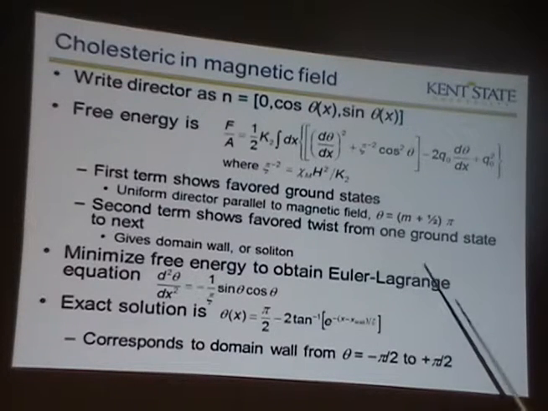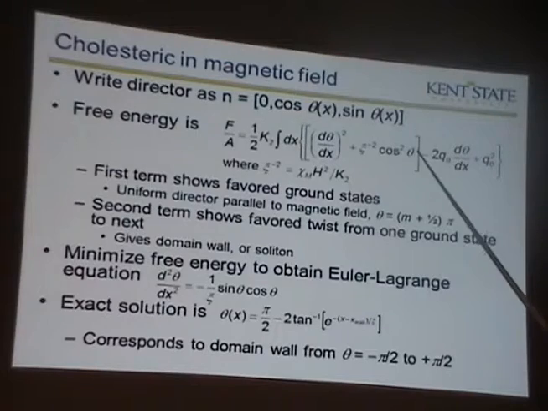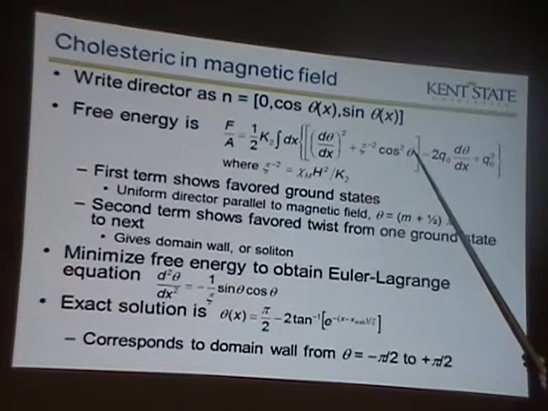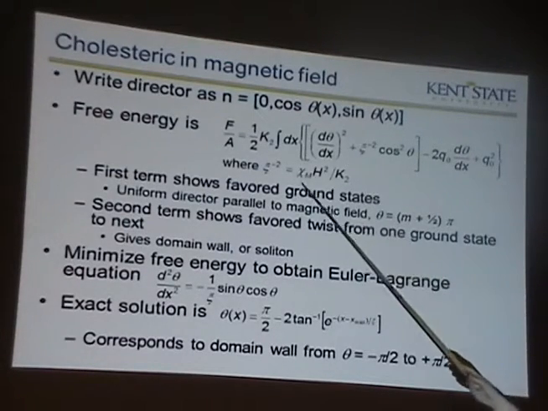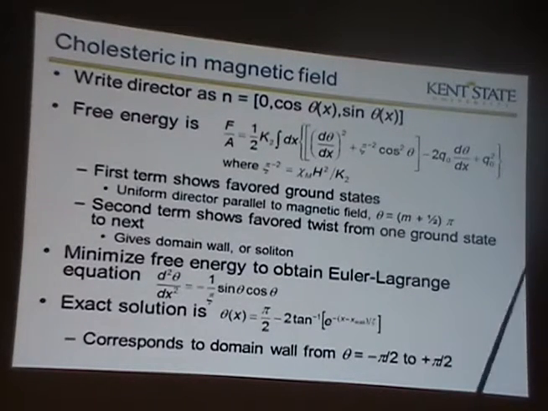The ground states at theta equals pi over 2, 3 pi over 2, 5 pi over 2, etc. All the states could be pointing like this, or that, or that. That's a whole series of states that are all ideal as far as the magnetic field goes. And then this term shows a favored twist from one ground state to the next. The chirality is favoring this kind of a twist.